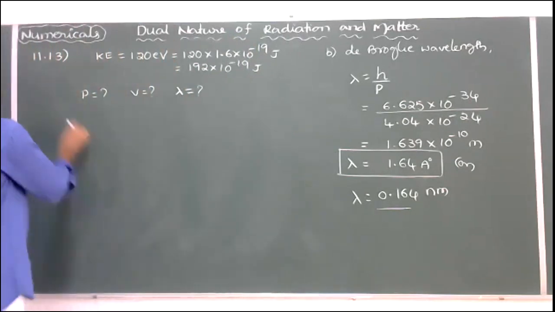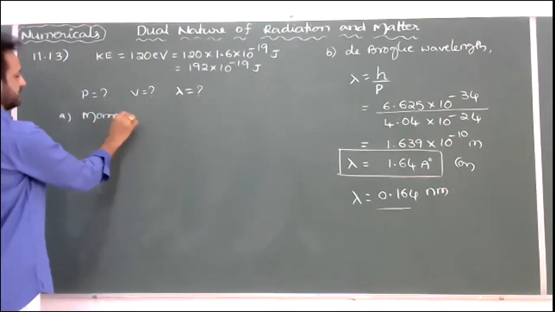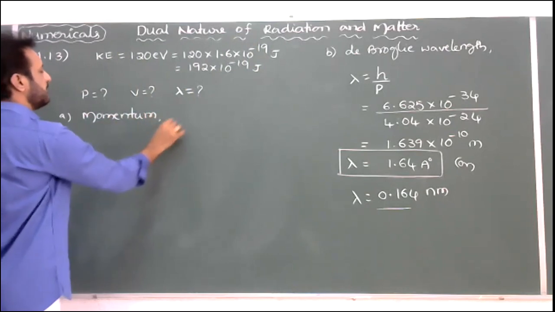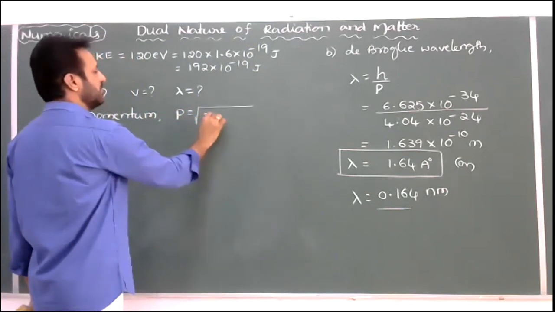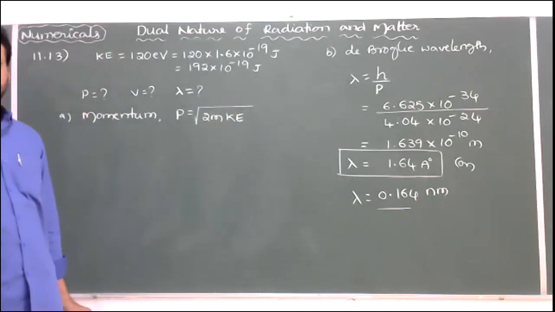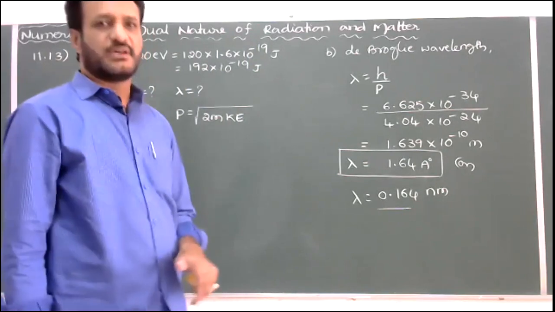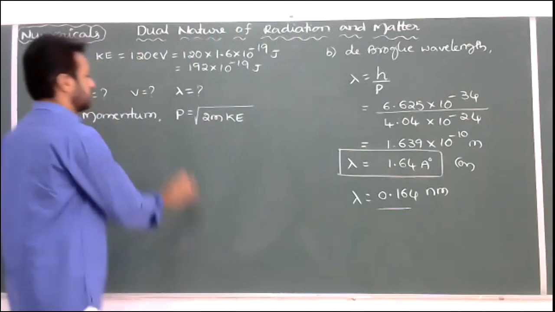Now, first question, what is the momentum of the electron they asked? Momentum P is equal to the square root of 2m into Ke. We know already Ke is equal to P square by 2m, or P is equal to the square root of 2m into Ke. Now substitute the values.